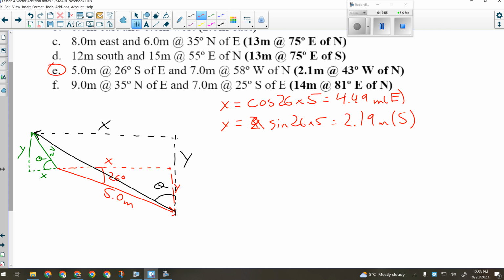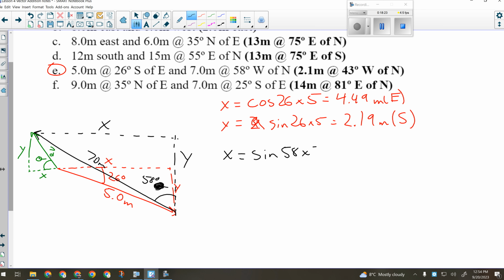Then we've got to do the same thing for the black triangle. For our black triangle, black x is the opposite side this time, because the angle is down here, and it is 58 degrees. So black x is going to be the sine of 58 degrees times, how long was x? It was supposed to be 7 meters long.